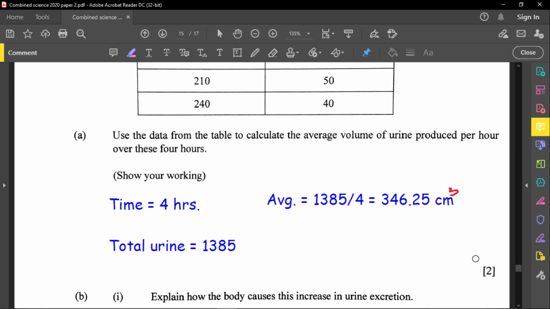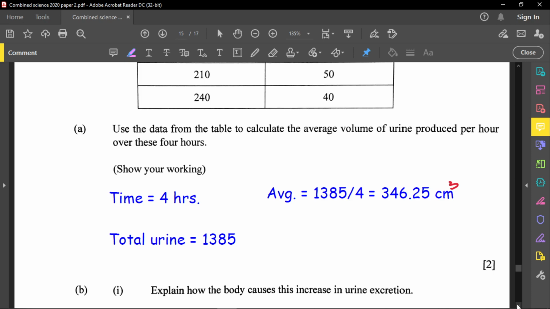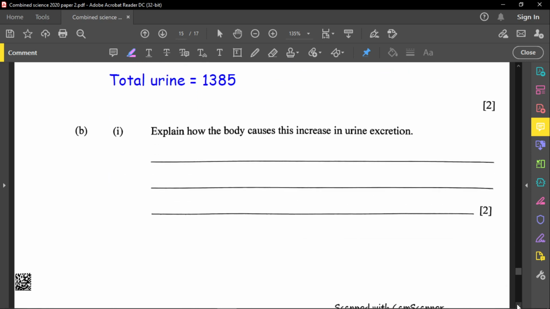Now let's jump to the next part of the question. We want to move a little bit faster to finish this real quick. Now part B1 is to explain how the body causes this increase in excretion. Explain how the body causes this increase in urine excretion.